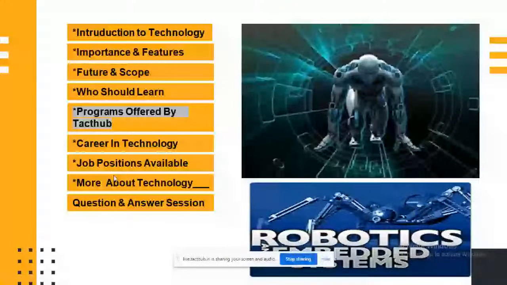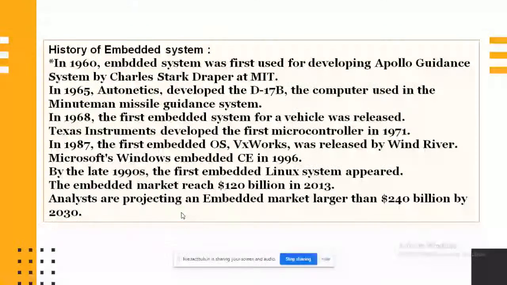Career in technology, job positions available, more about technology. That's what we are. And now we come to the question and answer, just within 5 minutes. We have taken the history from 1960 and see the market is reaching up to 240 billion. In 2013, it was around $120 billion. Now it is at 230.